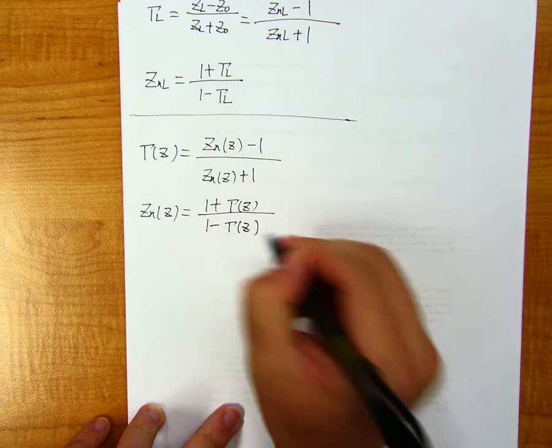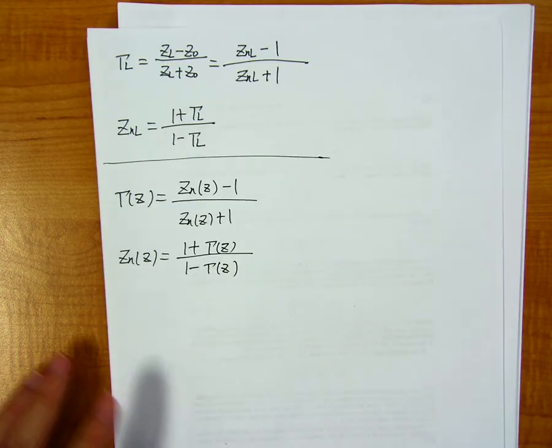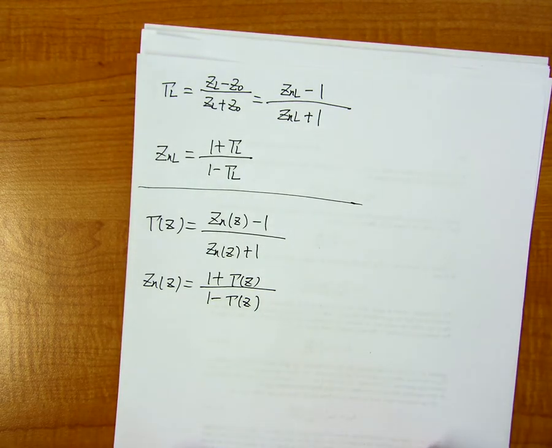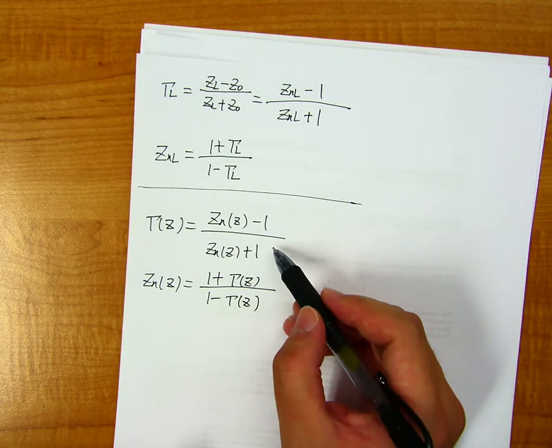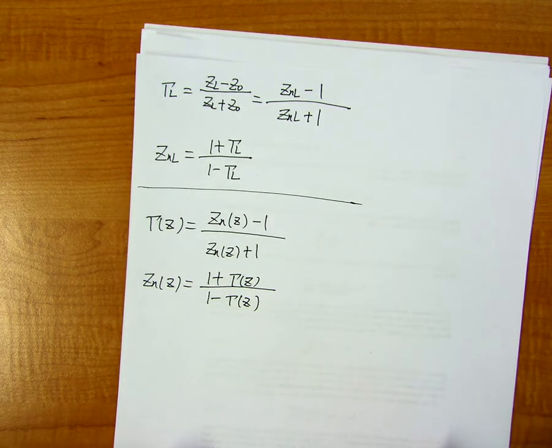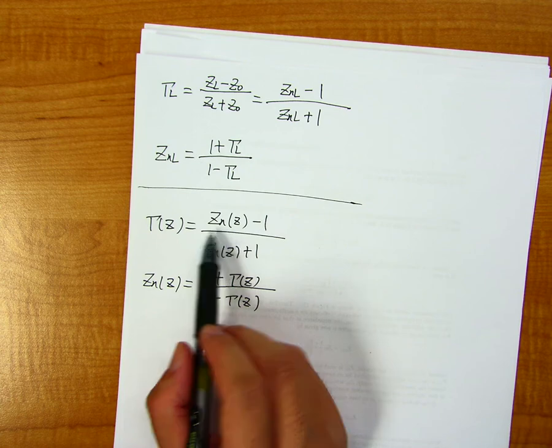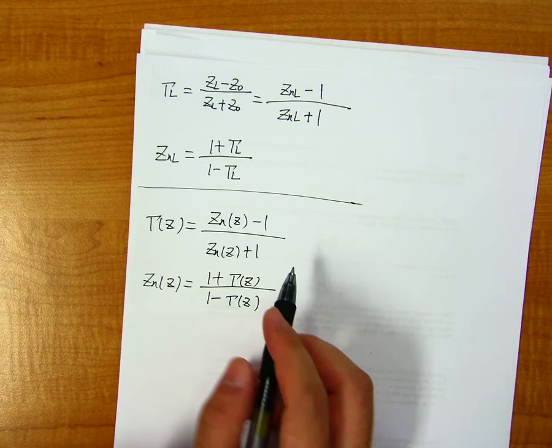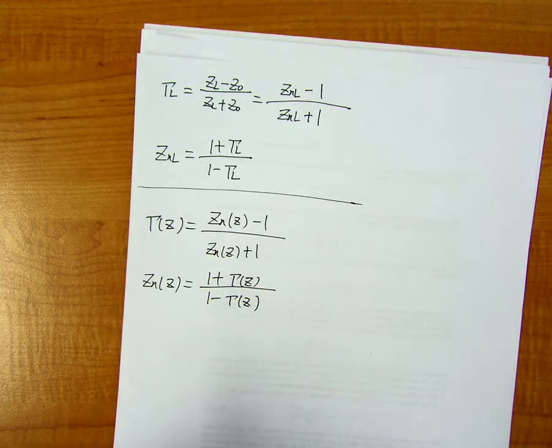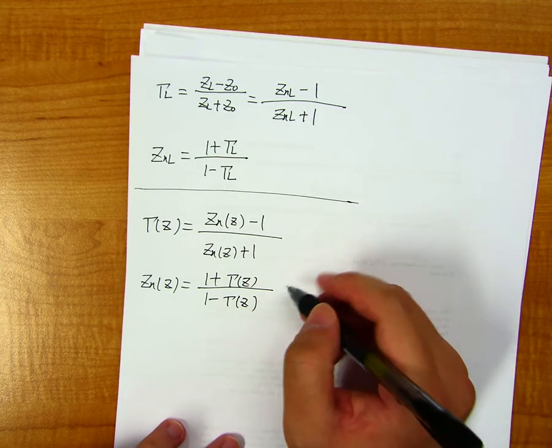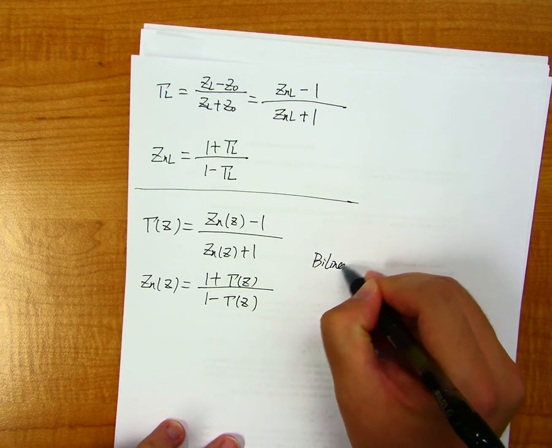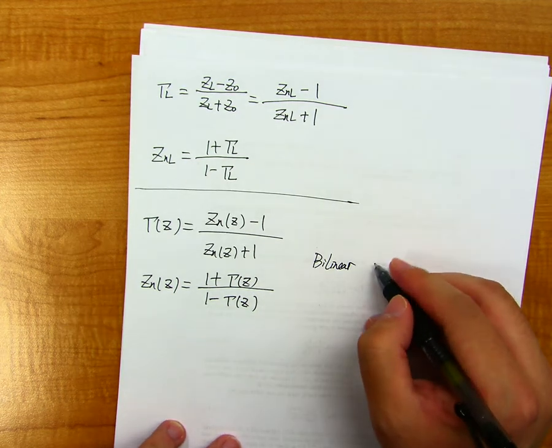These two relations are true for arbitrary z, and you can see that if we want to calculate gamma z from Z_n, or calculate Z_n from gamma z, their expressions are kind of similar, right? Actually, these two expressions form a so-called bilinear mapping.